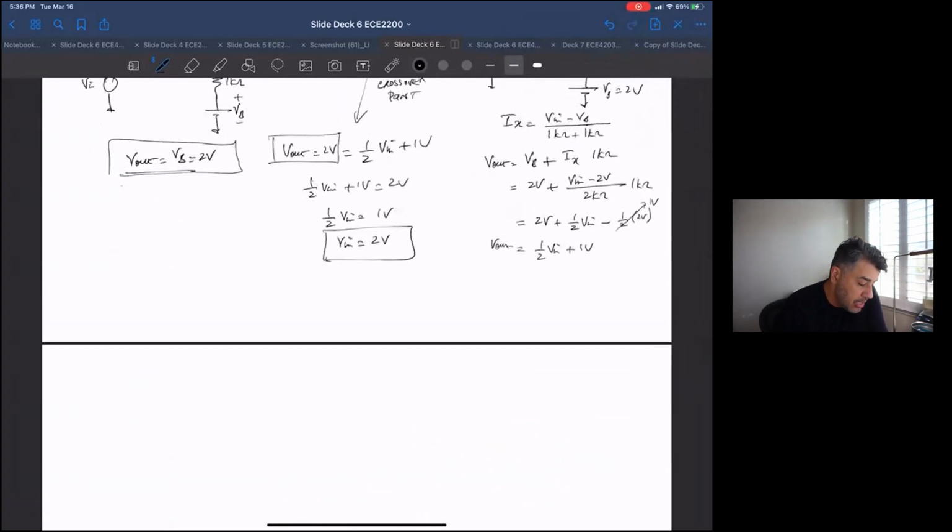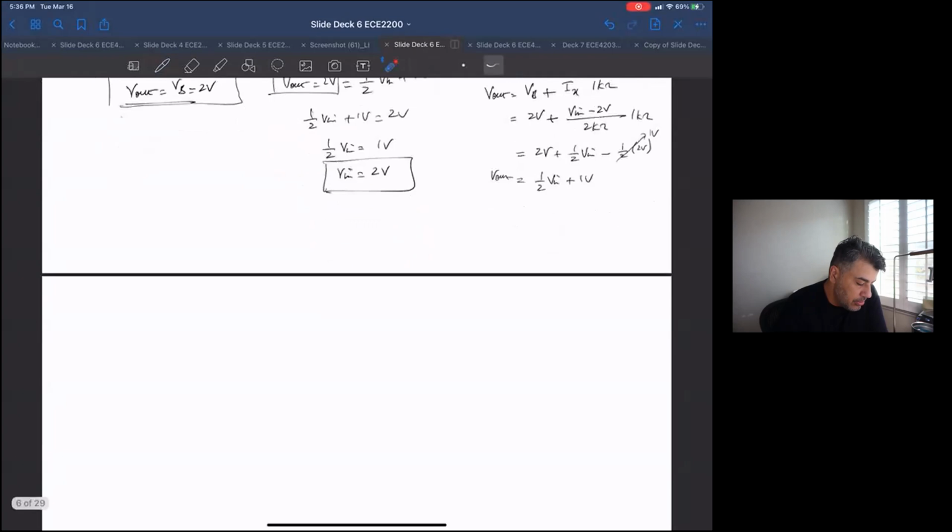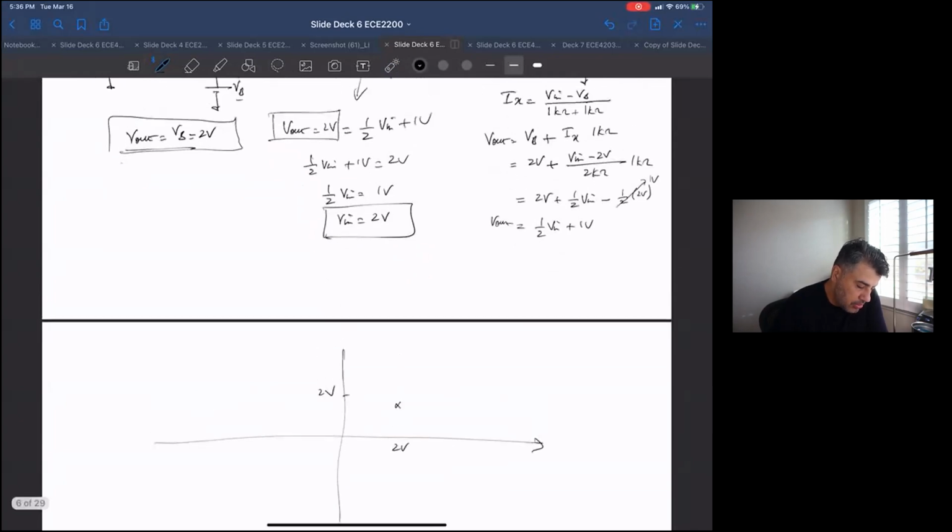If the math says below this point V out is just equal to 2 volts, then this is V in, this is V out, and this is the crossover point.